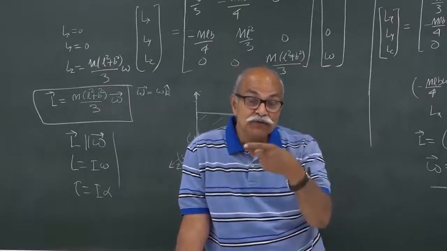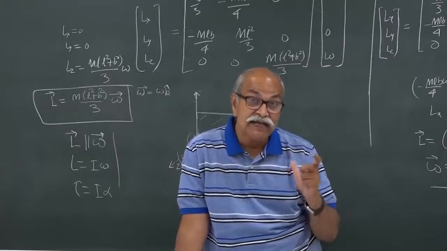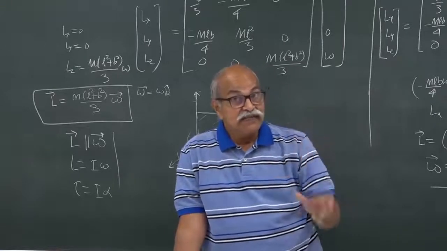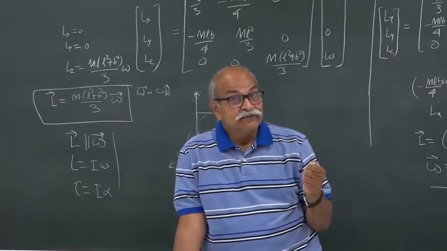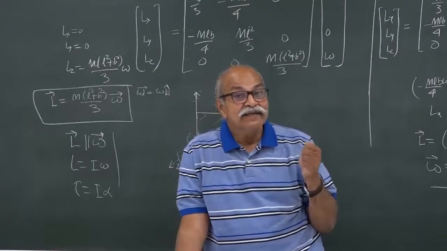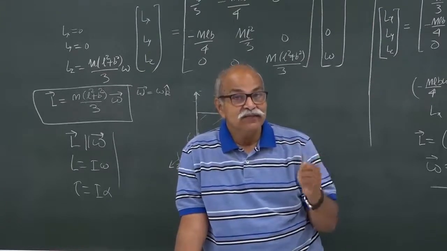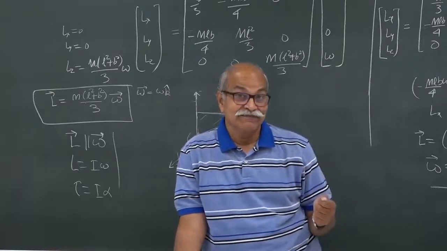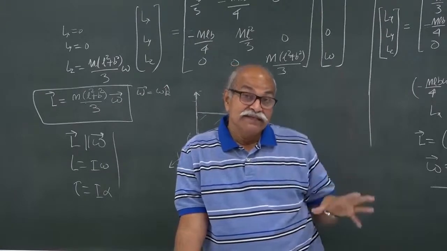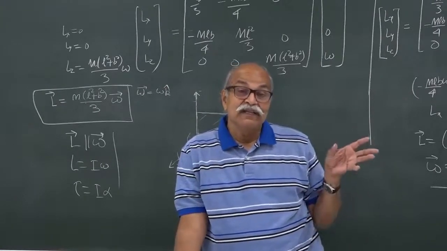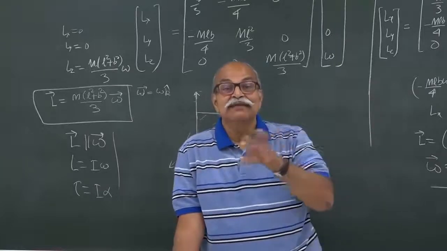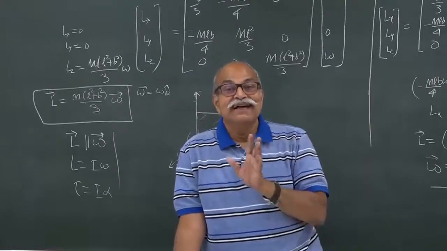So, if you use those 3 axes, very special directions in the rigid body, once the rigid body is given and a point is given, the moment of inertia tensor, that matrix, will have the product of inertia terms 0, only the diagonal terms will be there, I xx, I yy, I zz.